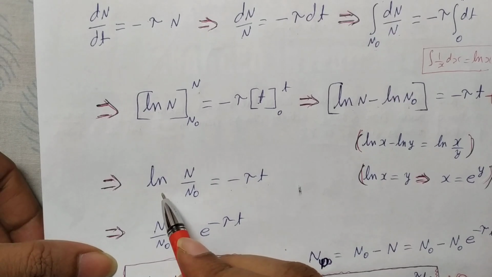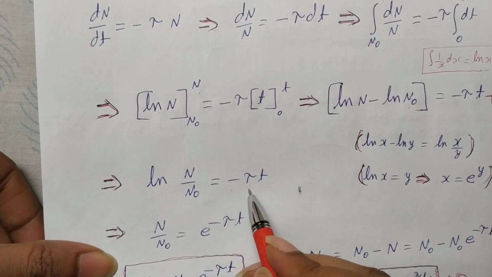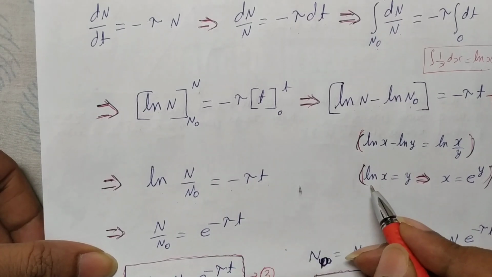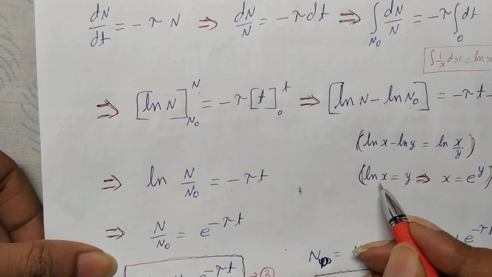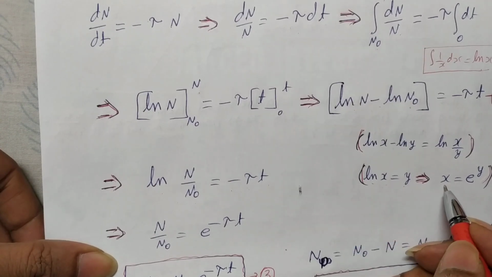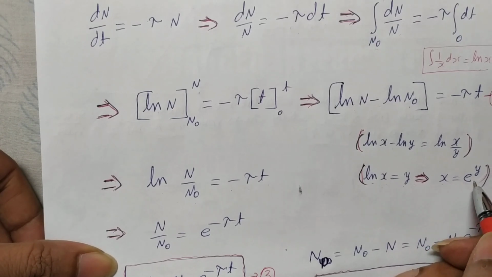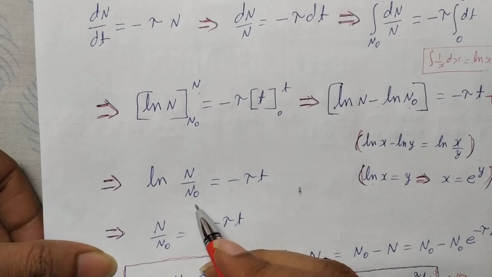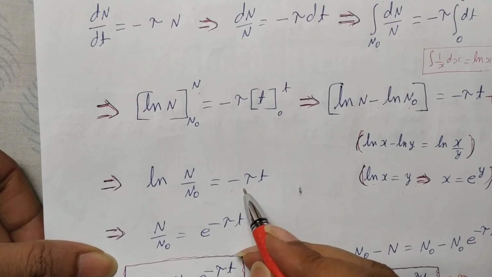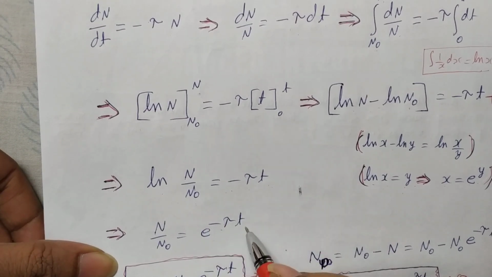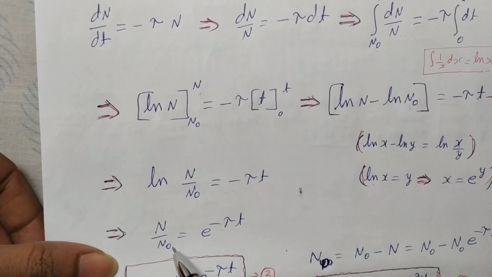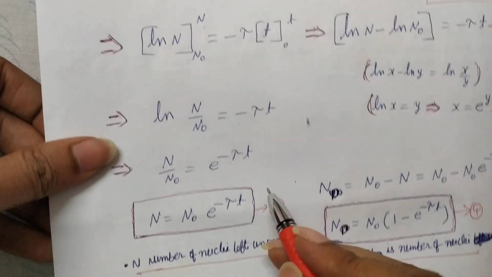To remove the logarithm on this side, apply exponential on this side. Suppose we take log x equal to y; if you want to remove the logarithm here, this side becomes e power y, x equal to e power y. Similarly here log N by N naught is equal to minus lambda t becomes e power minus lambda t, and this becomes N by N naught, and send N naught to that side.